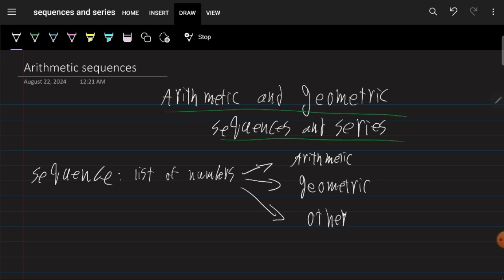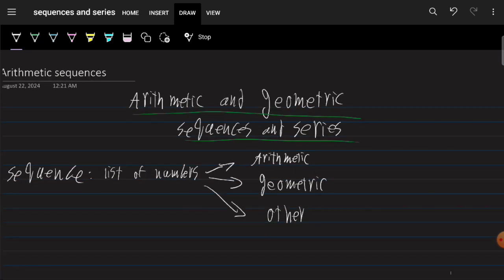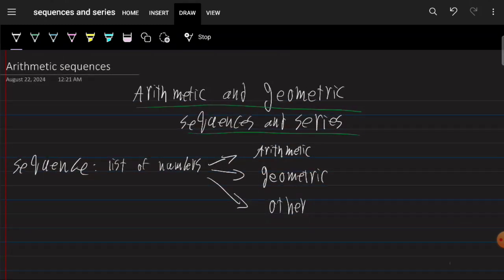If a sequence has the specific property that the terms in that list have a pattern to them, and that pattern is adding or subtracting a number to get to the next term, we call it arithmetic.